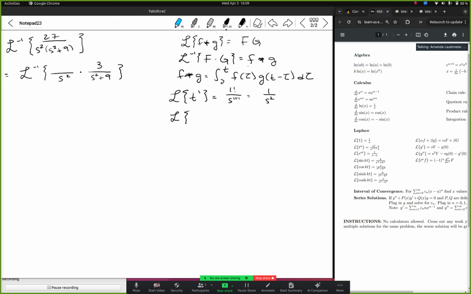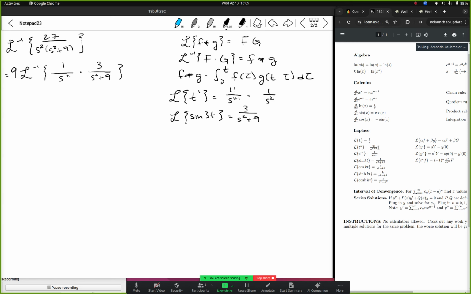And then I just did the same thing right here. And so I know that I just want a 1 in there to make it look like what comes out of the Laplace of t. And so that means that I'm going to leave on the outside 9. So I have 9 times 1 times 3 would give me that original 27.